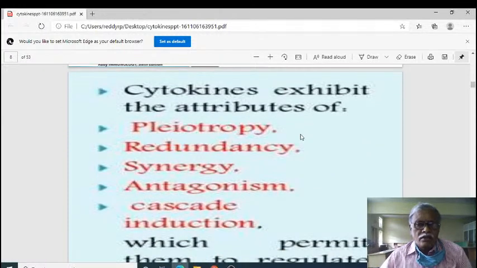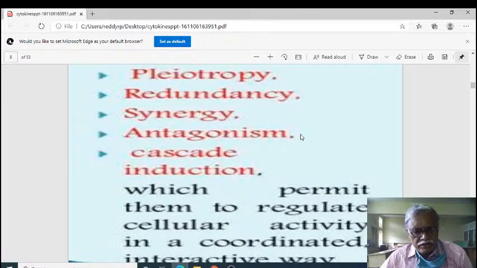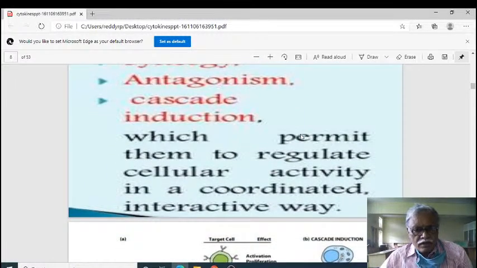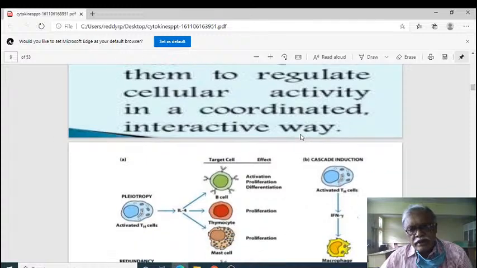The cytokines exhibit the attributes of pleiotropy, redundancy, synergy, antagonism, cascade induction, which permit them to regulate cellular activity in a coordinated interactive way.